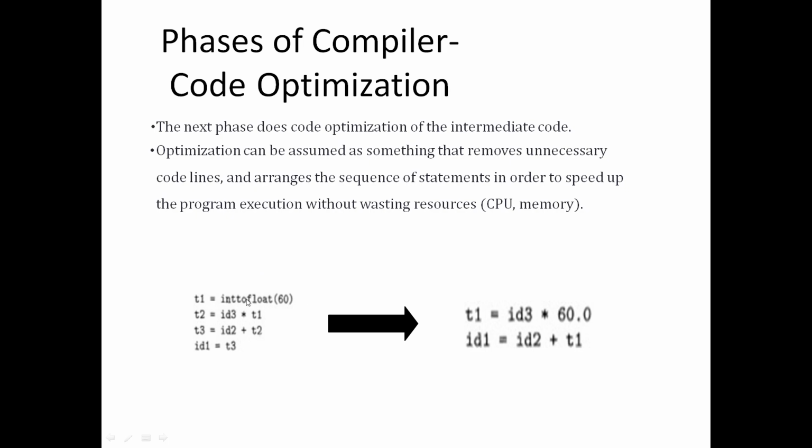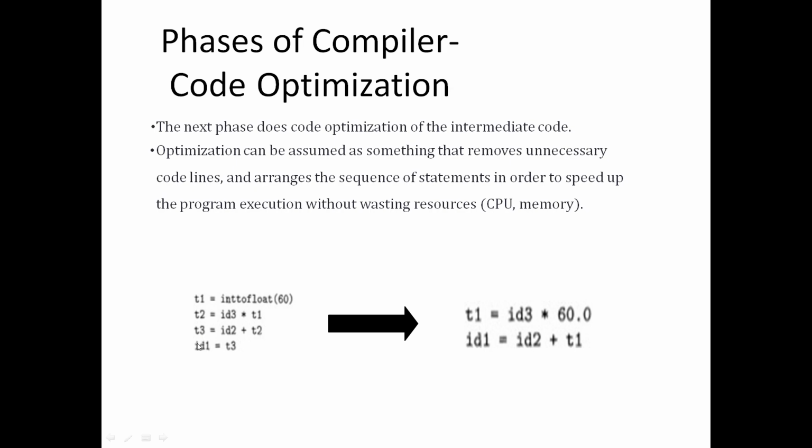For example, int to float of 60, we can directly write as 60.0. So there is no need for the line t1 equal to int to float of 60. Instead we directly write 60.0, so that 60 is automatically converted into floating point. Then for id3 into t1, instead of t1 we directly multiply id3 into 60.0.